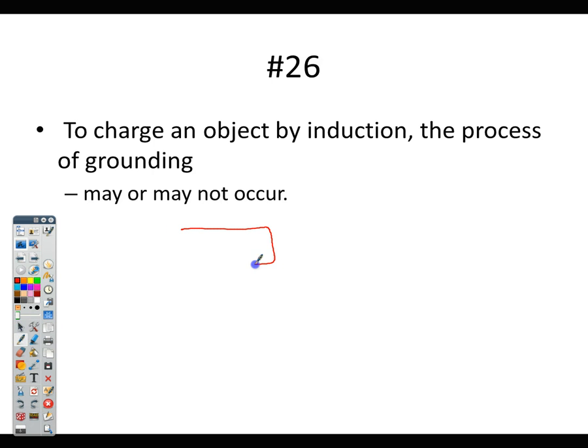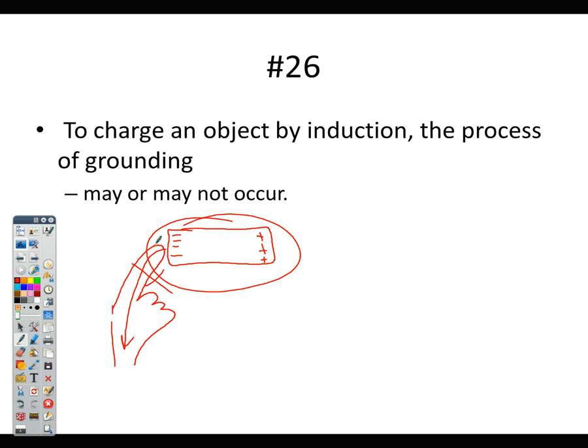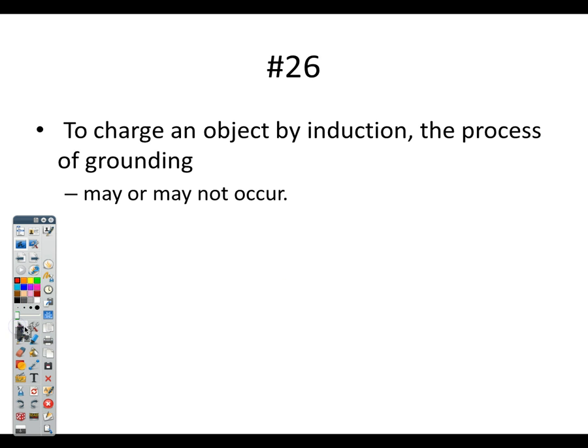If you remember our can, we had positive charges on one side and negative on the other. Then we took our finger and touched the can, and those charges traveled down through our finger. You don't have to do this in order for induction to happen. It's more of a polarization, but it does not have to be grounded at all.